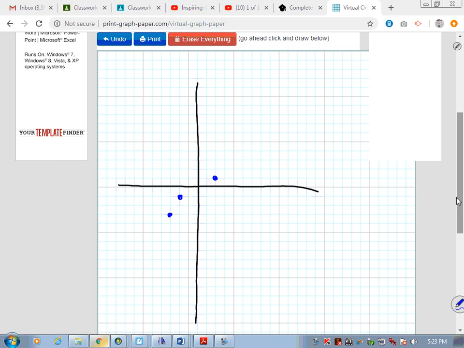And 2, -3. 1, 2, 3. I'll make sure I got this right. 1, 2, 3, down 1, 2, 3. -2. Okay, hold on, I see where I made my mistake. It didn't look right. -2, 1.